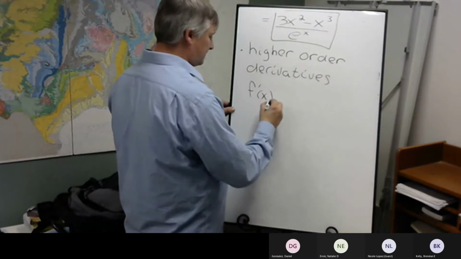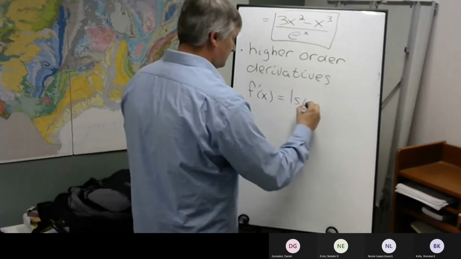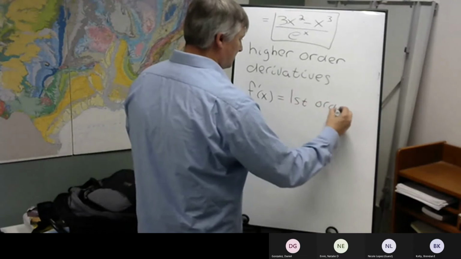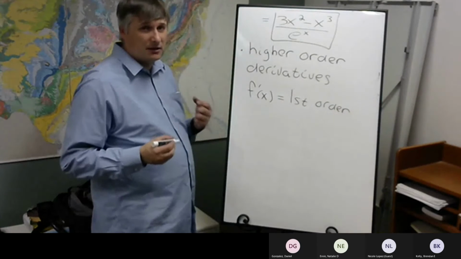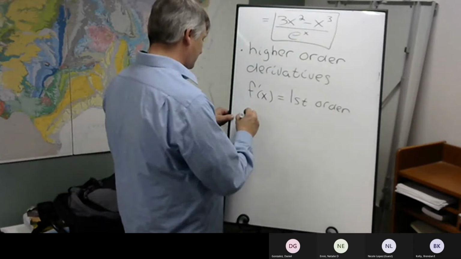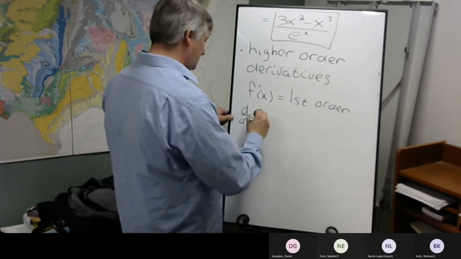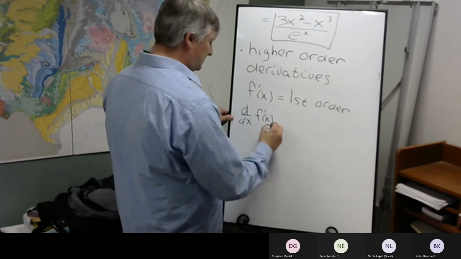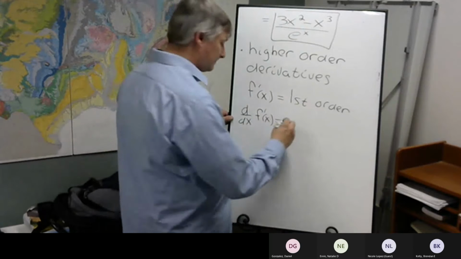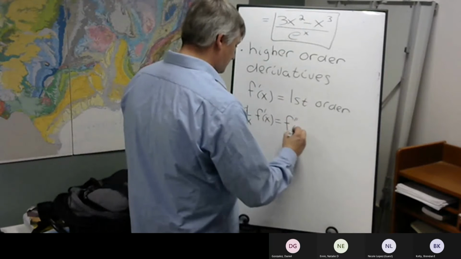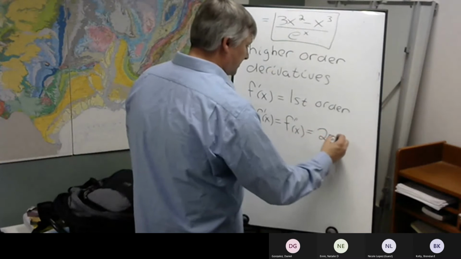f prime of x is a first order derivative. If we take another derivative, d dx of f prime of x, this is going to be f double prime, or a second order.